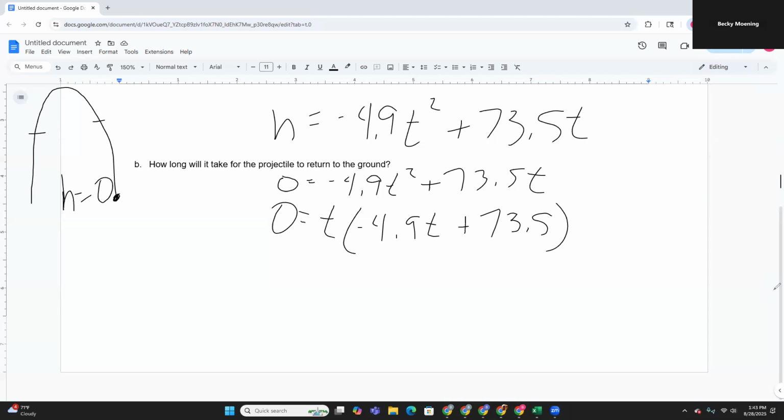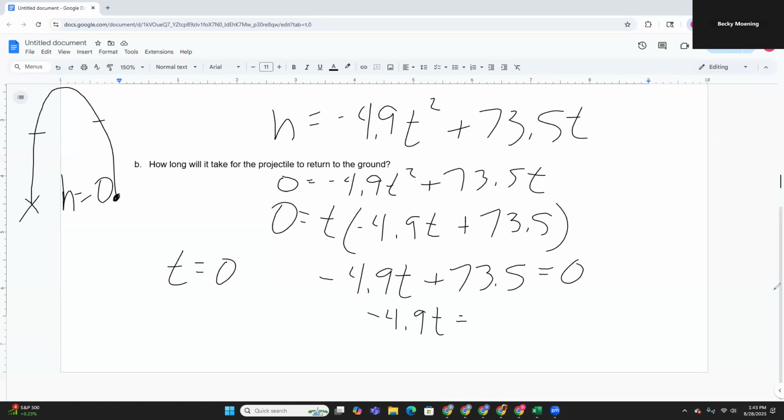Now, using our zero product property, we know that t equals 0. Well, yeah, that's at the start over here. We knew that already. And then we have negative 4.9 t plus 73.5 equals 0. So I'm going to subtract 73.5 from both sides. Then I'm going to divide both sides by negative 4.9.